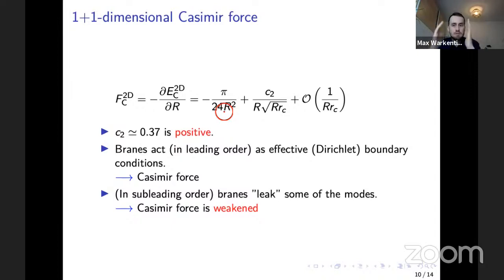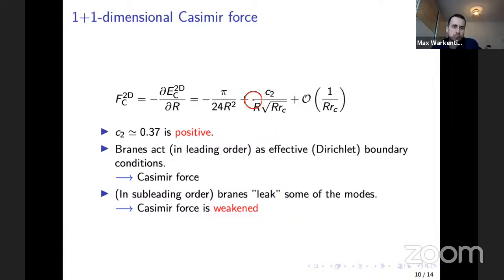But since we don't have Dirichlet boundary conditions, but localized terms, we have, of course, the situation that some modes will leak out of these branes, and this exactly is what is responsible for the modification of this Casimir force. In the next to leading approximation, we get this term here, which is suppressed by this geometric mean between the distance of the branes and the r_c, which is the crossover scale.